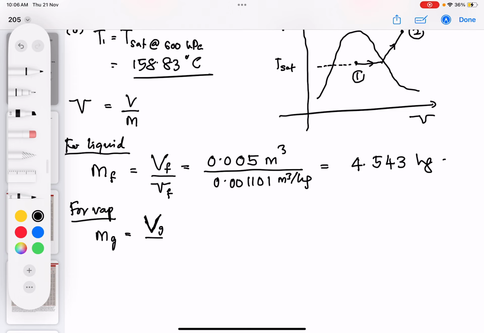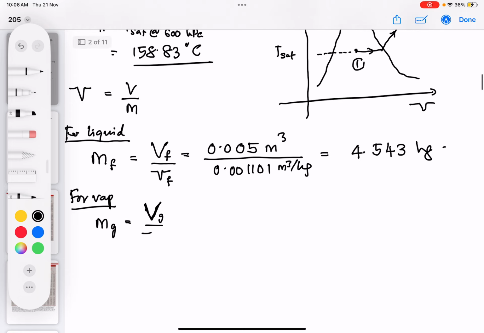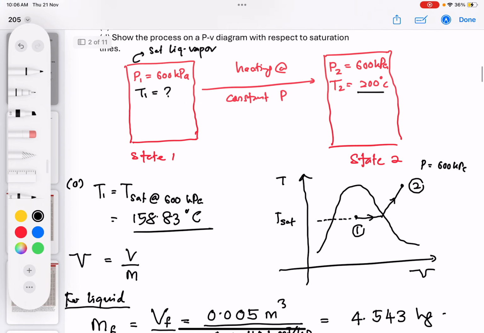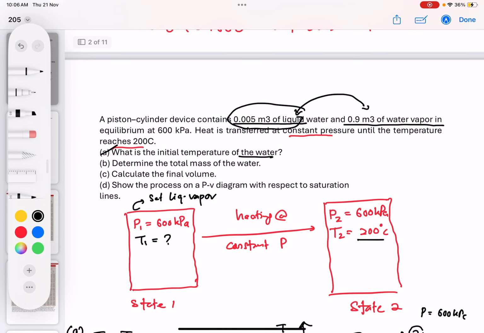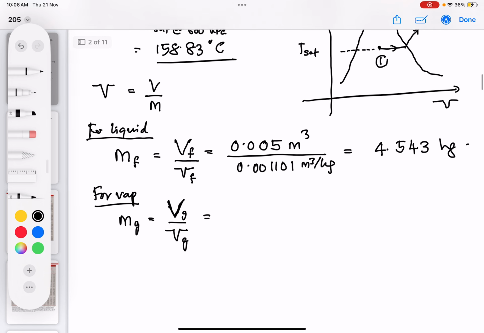And then for the vapor, I will say that mg equals Vg, capital V, the volume of the vapor, divided by the specific volume of the vapor. Vg here is given as 0.9 meter cubed.